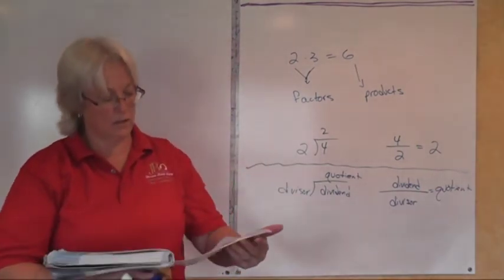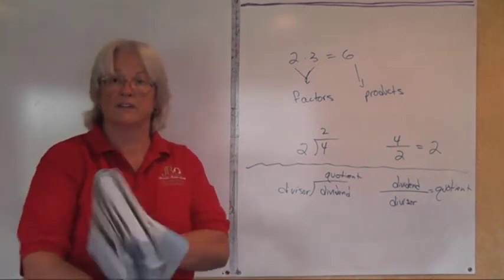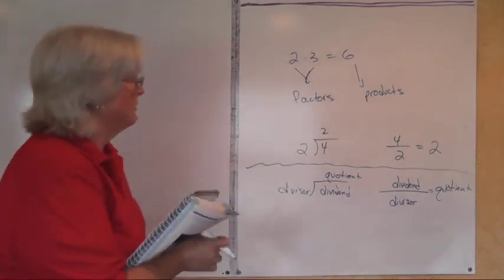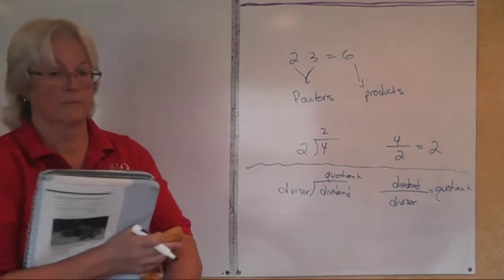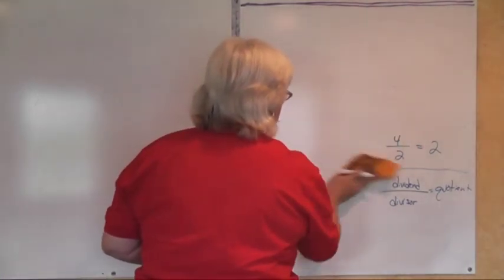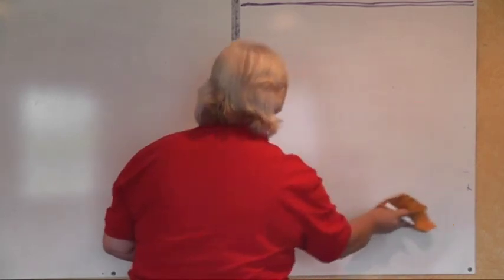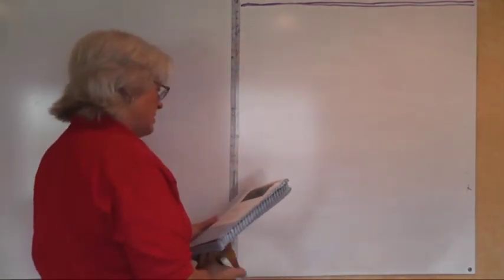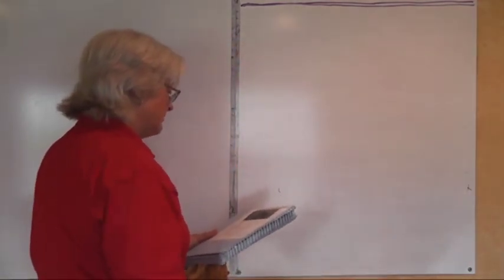Now let me pick a couple of examples to go over right quickly from our book. I can go ahead and erase this. I'm going to go ahead and pick number 8.